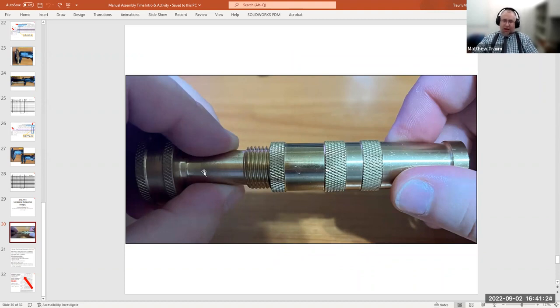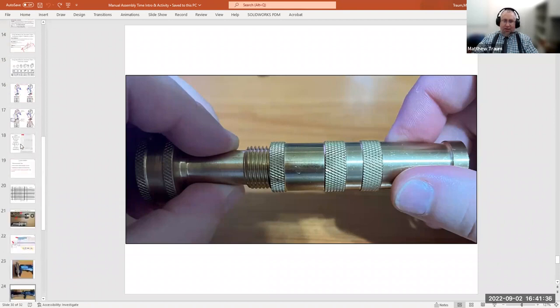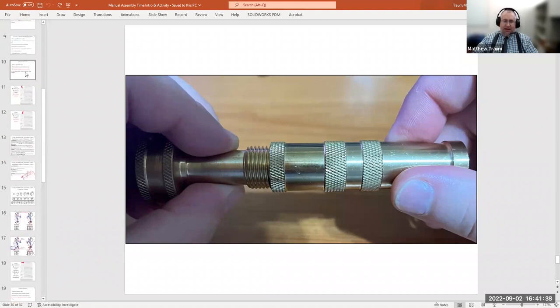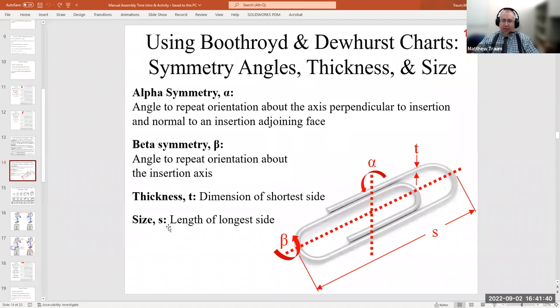So thickness is really where you naturally grasp the part to pick it up. Again, it's a little subjective about where your assemblers would actually grab this thing. But that's thickness. And then the last one is size. Size is just the length of the longest side, which in this case is the full length of the paperclip.